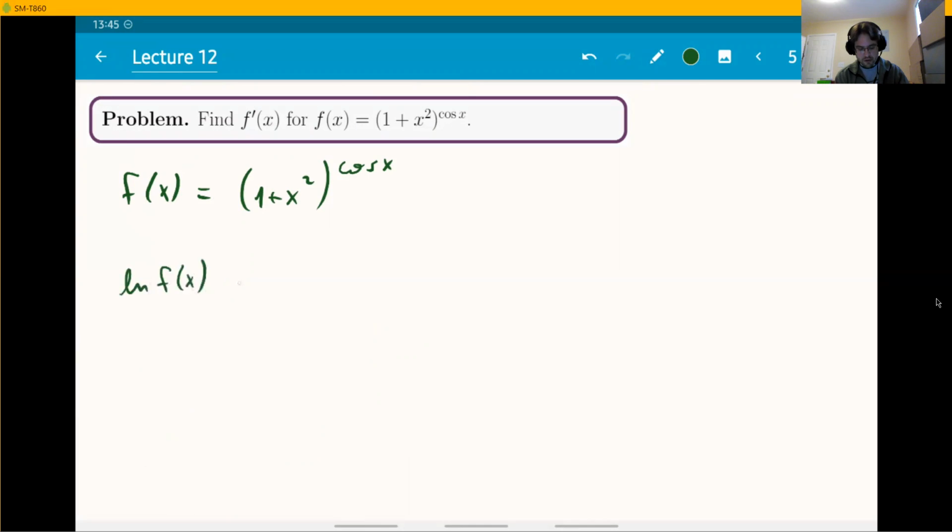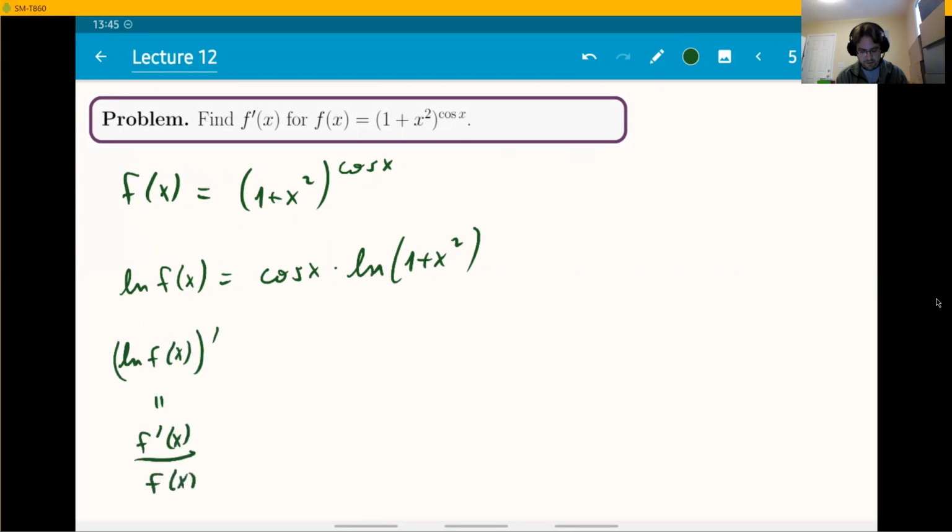The logarithm of f, log of the expression on the right, is cosine times log of the base 1 plus x squared. I'm again using this power rule for logarithms. This is the one that we want to differentiate now. The derivative, which always on the one hand is f prime over f, on the other hand will be the derivative of this expression.